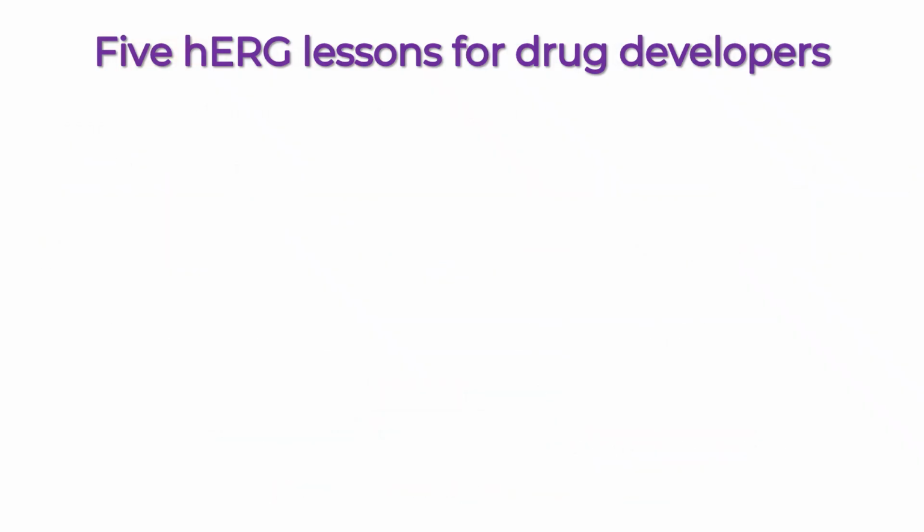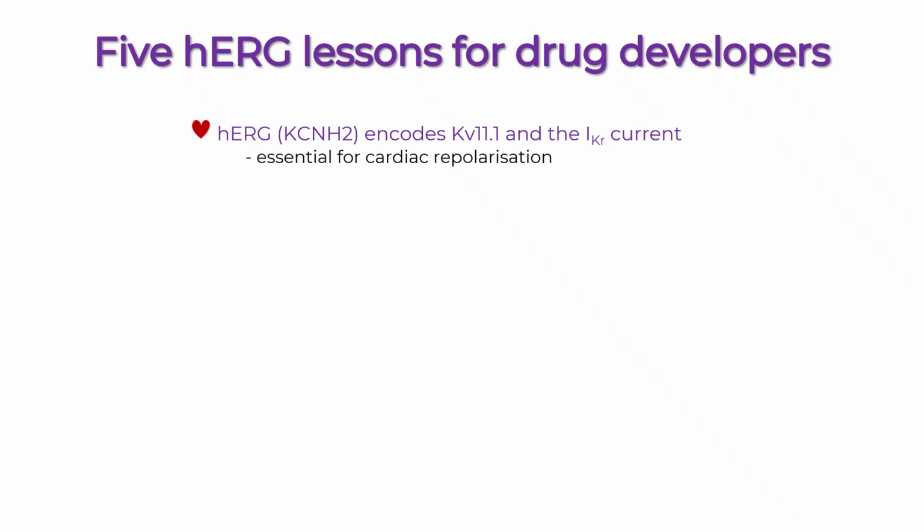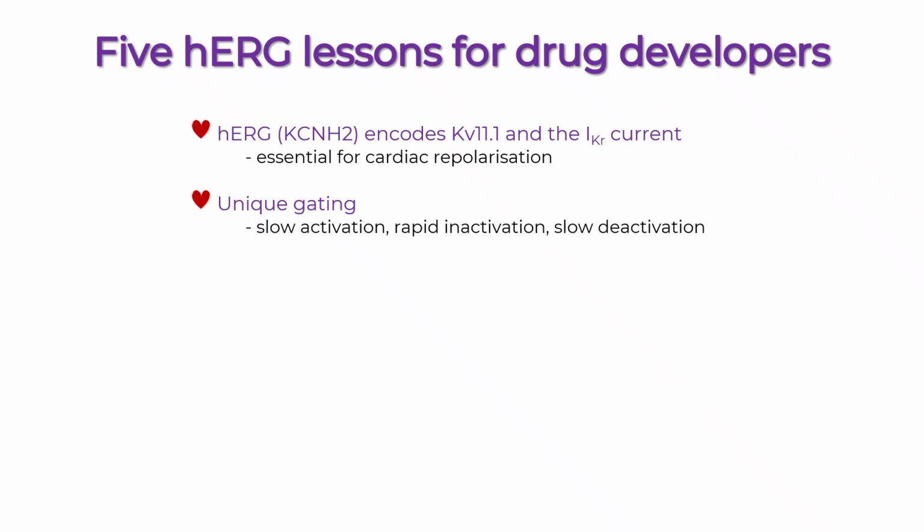5 points matter most. First, KCNH2 encodes Kv11.1, which carries the IKr current needed for timely cardiac repolarisation. Second, hERG's slow activation, rapid inactivation, and slow deactivation create its distinctive timing. Third, the current becomes especially important during the final phase of the action potential.